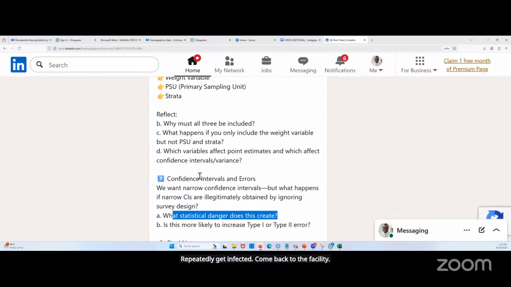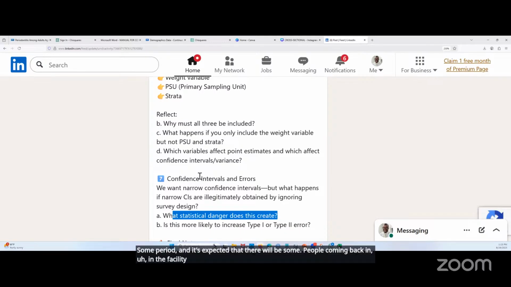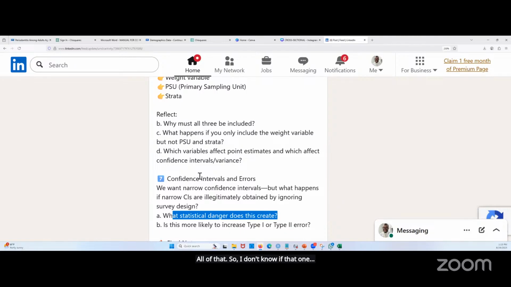The same clinician may be attending to them, and we are looking at the outcomes being similar within that facility. That's why we chose to use the clustering. So I don't know in that scenario, because we took it over some period, and it's expected that there will be some people coming back to the facility on admission and all that, if that one will account differently.